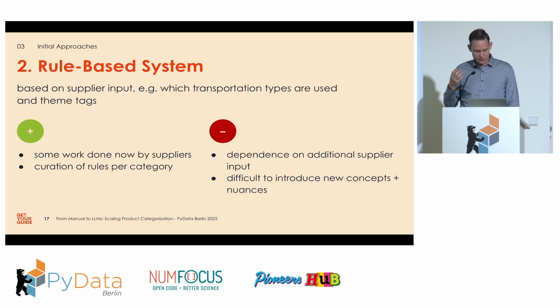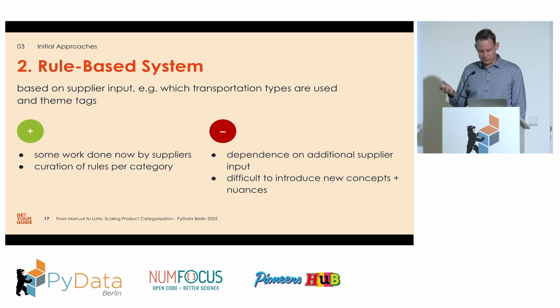And that was then used in a rule-based system to decide on these categories. And the upside of that is that now some work was done by the suppliers, and we only needed to create one rule per category. That was the work on GetYourGuide side.